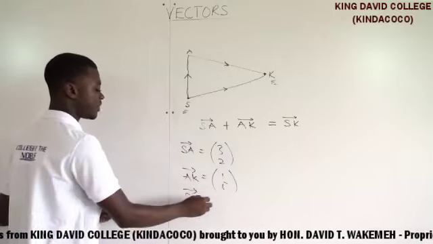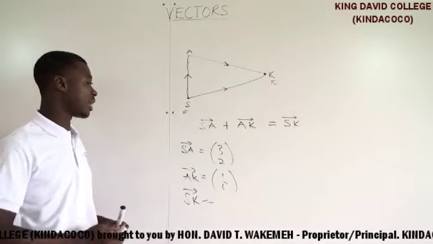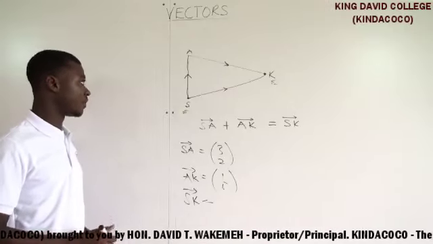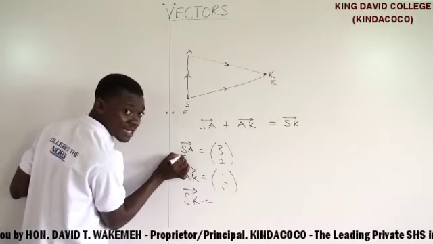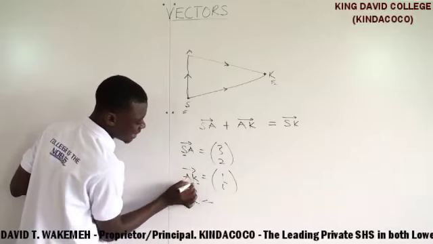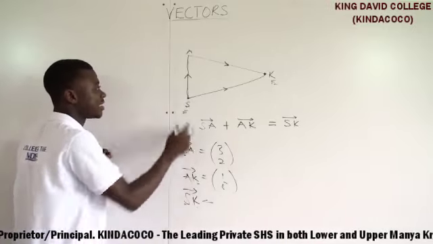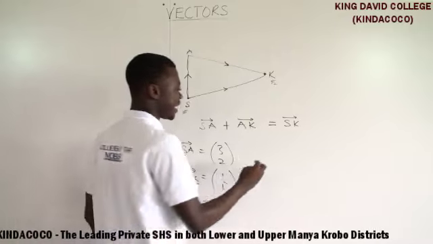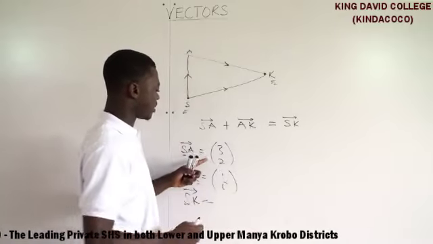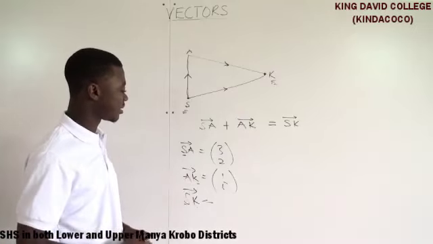This should be very simple for you to do if you know the triangular law of vectors. You always know that if S is starting and K is ending, then SK will just be the summation of this vector plus this other vector.